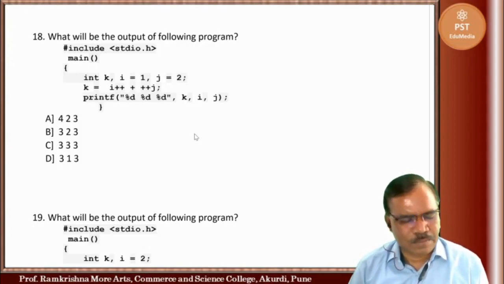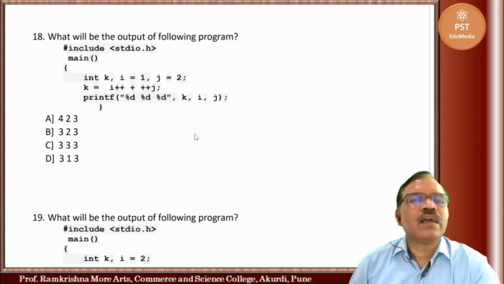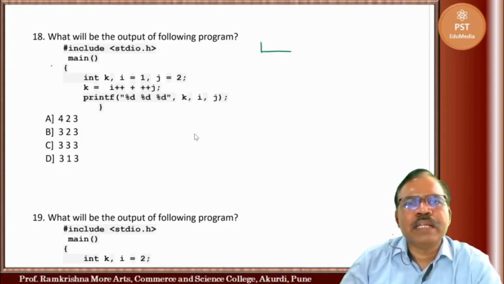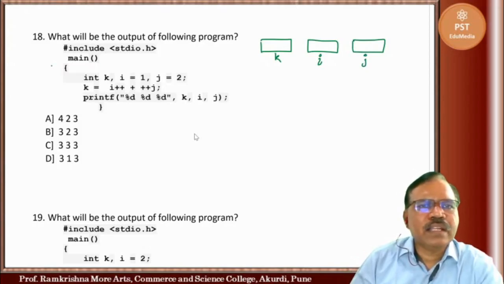then in braces, in this bracket, we have the program: int k, i equal to 1, j equal to 2. So we have 3 memory locations by the names k, i and j.